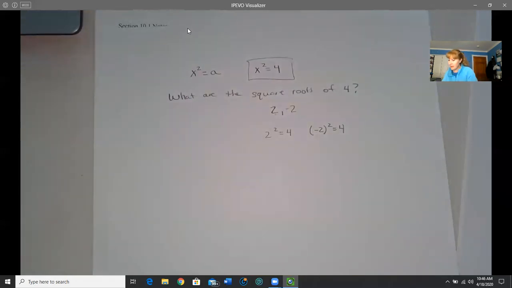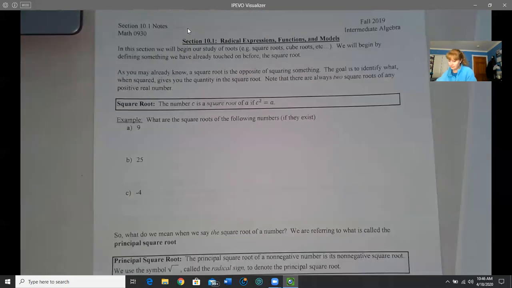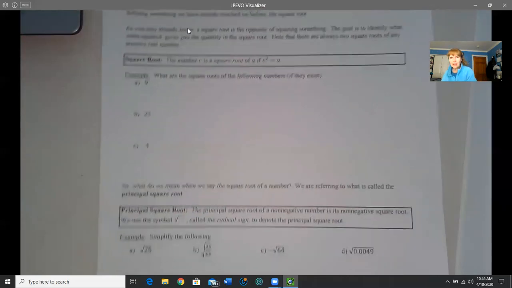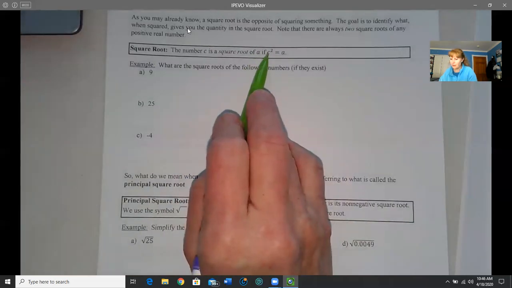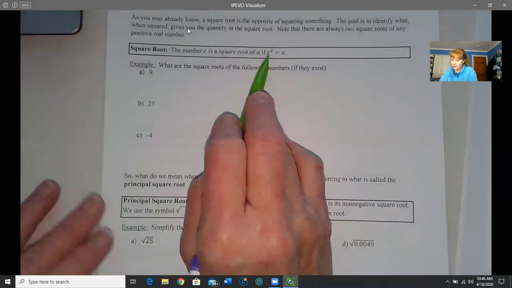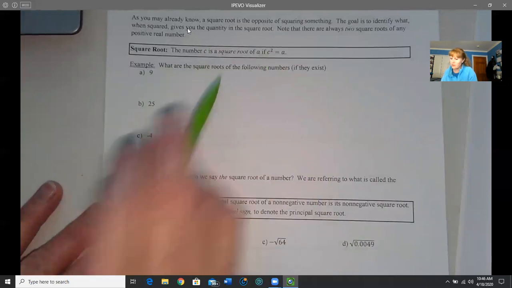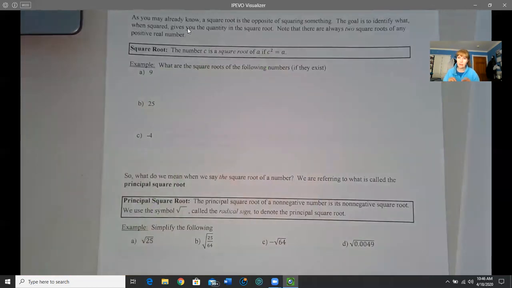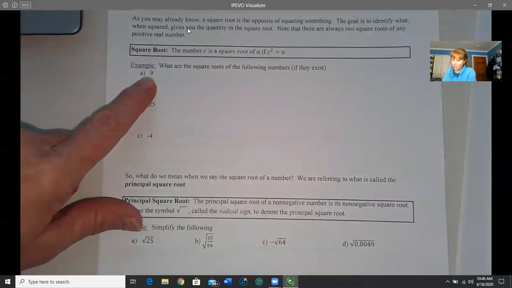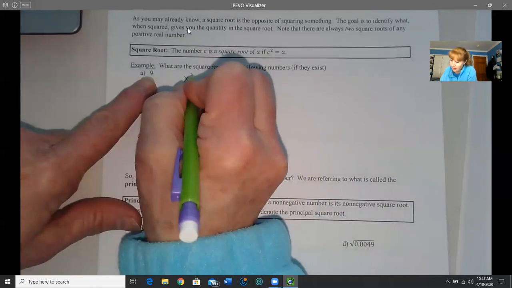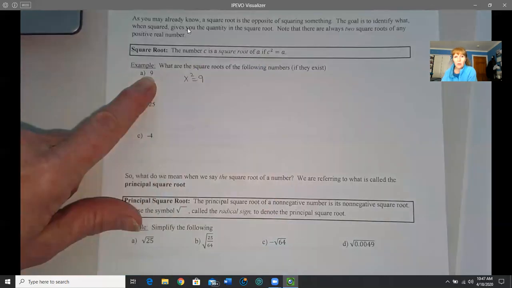Well, let's look at some examples that I sent you in your notes. They use a c here instead of an x, but you're solving it for the c. What are the square roots of the following numbers, if they exist? We'll talk about that in a minute. But what are the square roots of 9? What they're asking you for is to solve that equation. What x's, when you square them, give you a 9?